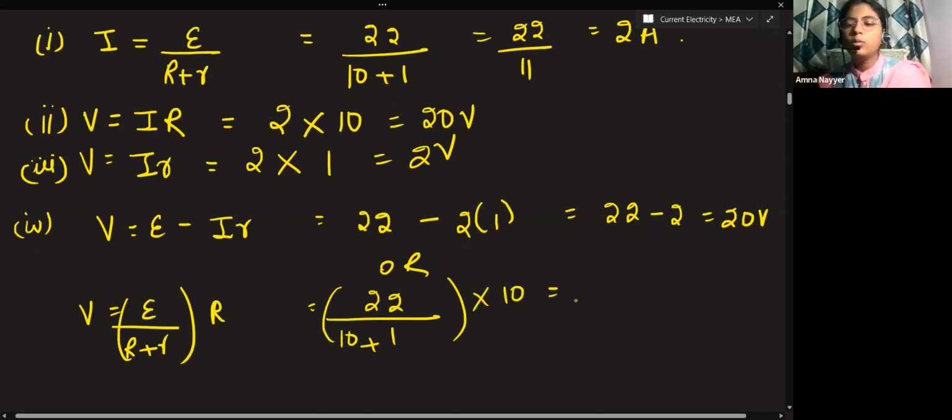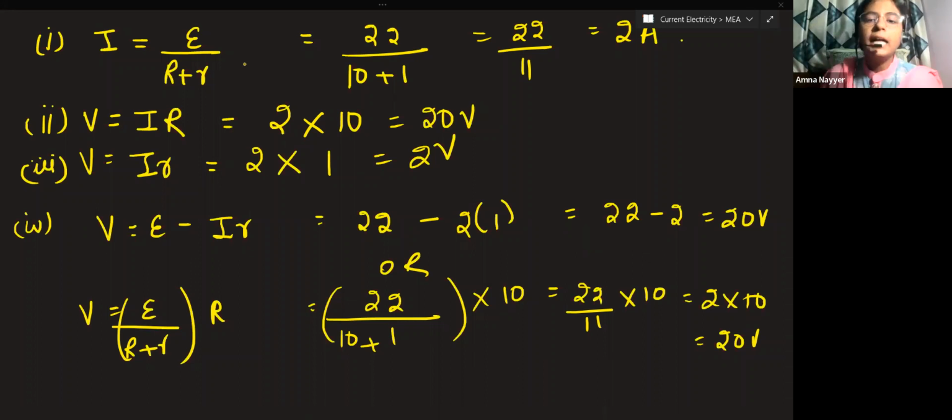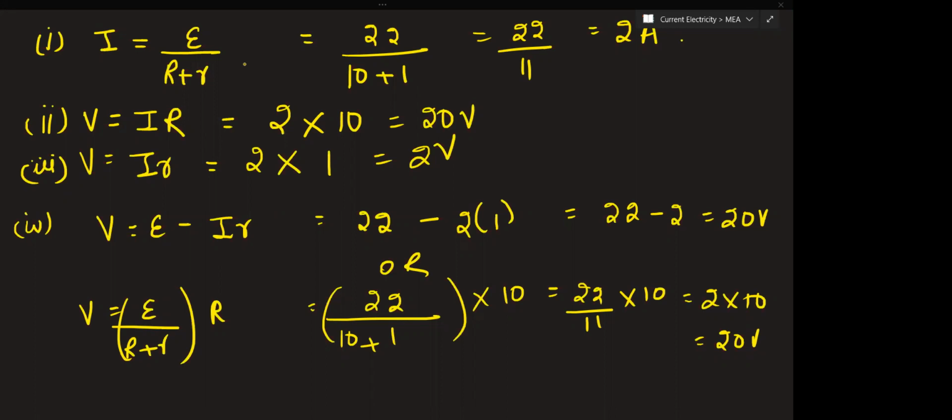This is 22 divided by 11 multiplied by 10. That is 2 multiplied by 10, which is giving you 20 volts. So in both the cases, you are getting the same answer. So note down this, all those who have not. Anya, is this clear? Any doubts in this? No, ma'am. It's clear. Okay, good.